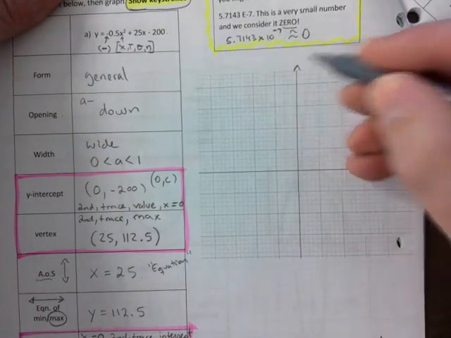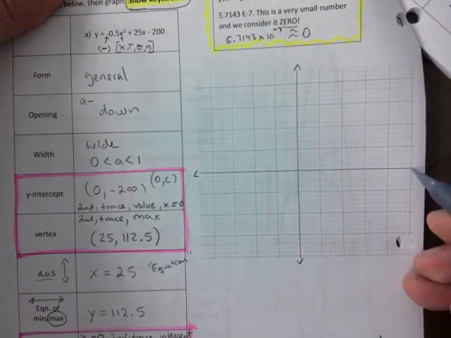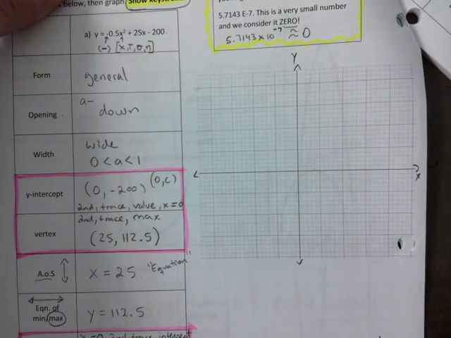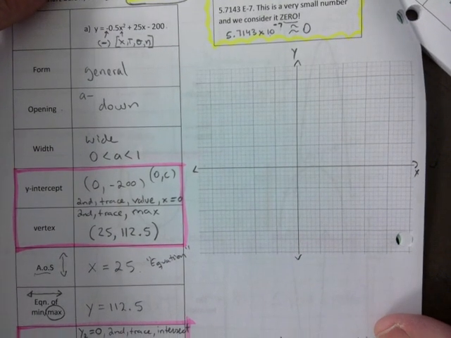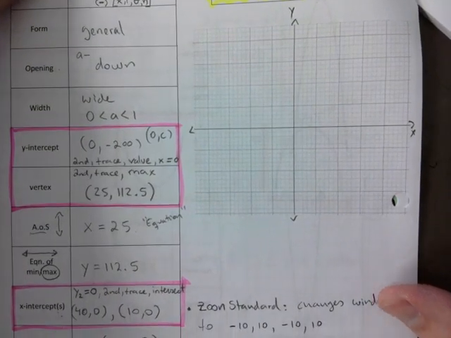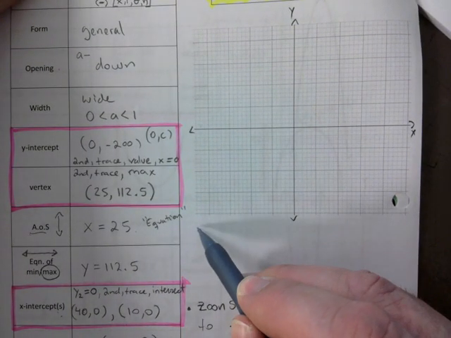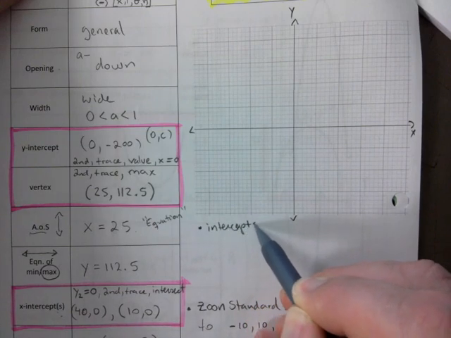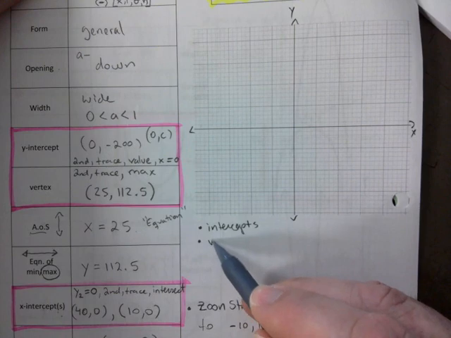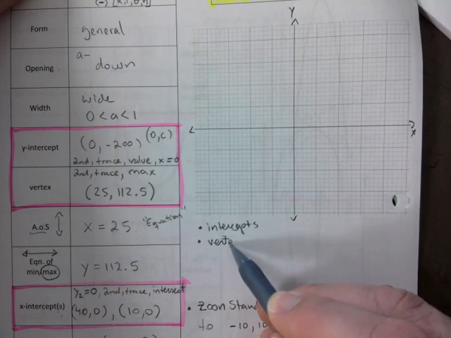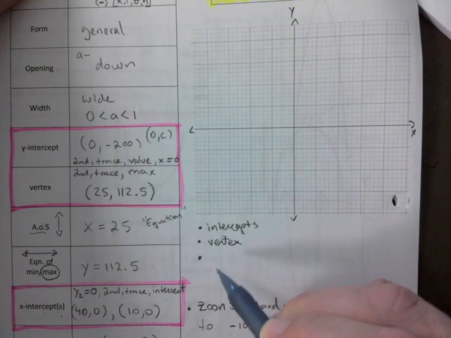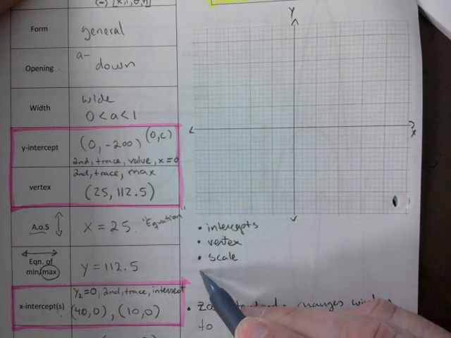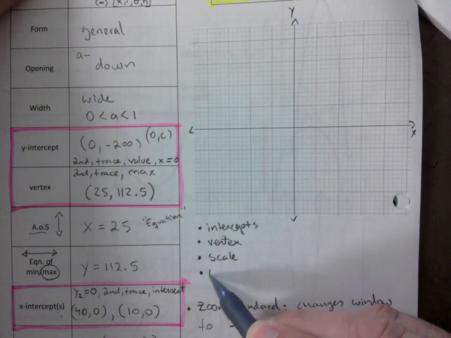First thing I want you to do is arrowheads and X, Y, right? In fact, I'll give you a little checklist under this graph here. You need intercepts, vertex, an appropriate scale for both axes, and then labels.